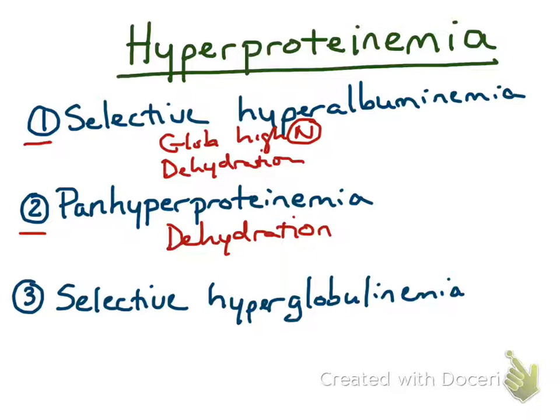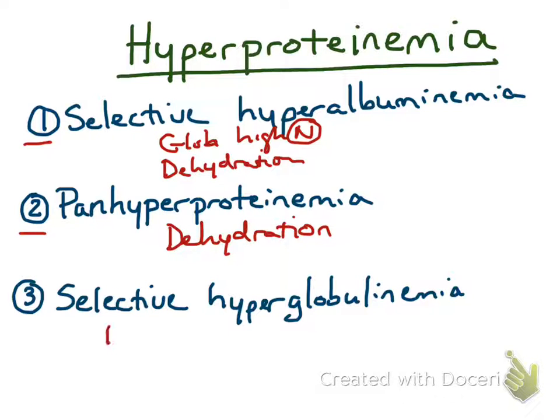Selective hyperglobulinemia is when there is an increased globulins that's disproportionate to the albumin concentration. And this is the hyperproteinemia that I'm going to focus on for the rest of the lecture.